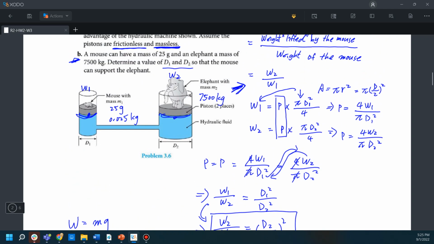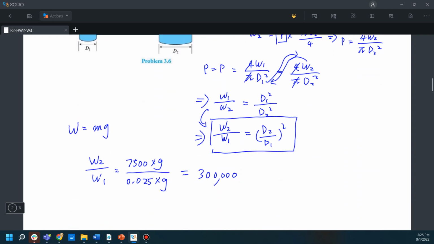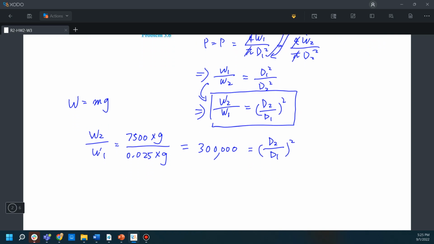And we know this will equal D2 divided by D1, squared. Okay, so let's assume that D1 is equal to 0.07 meter. Then we can use this equation to calculate D2.